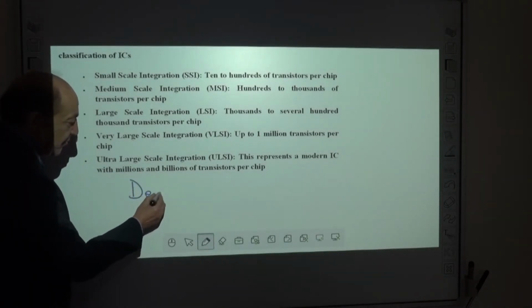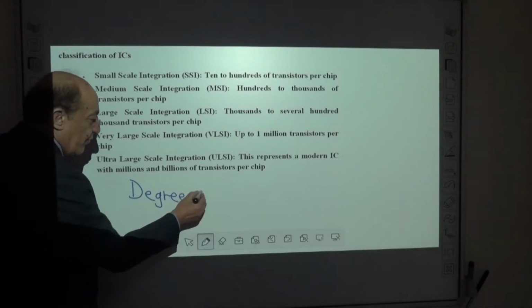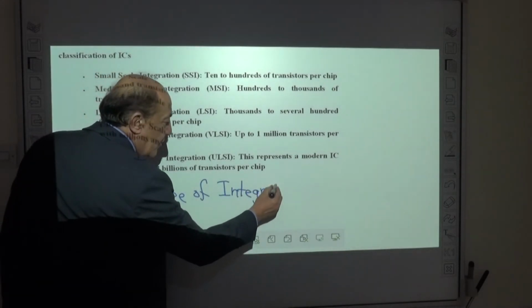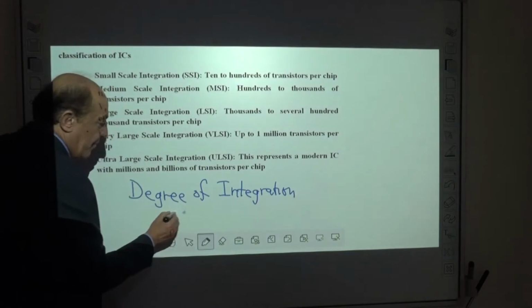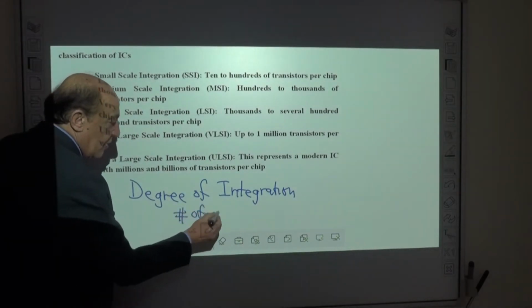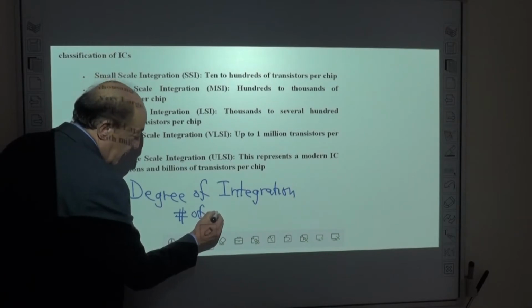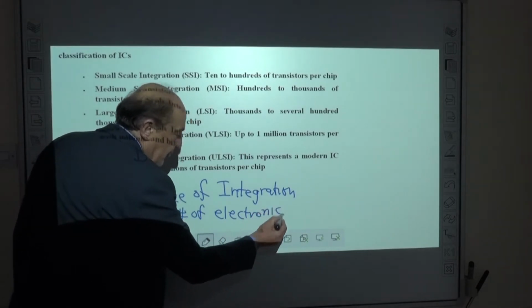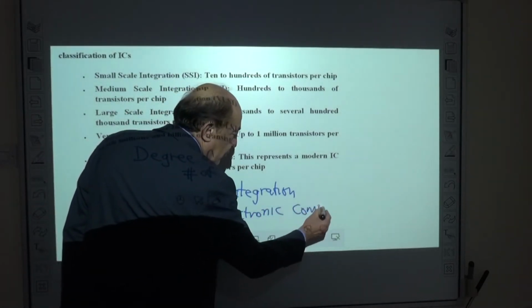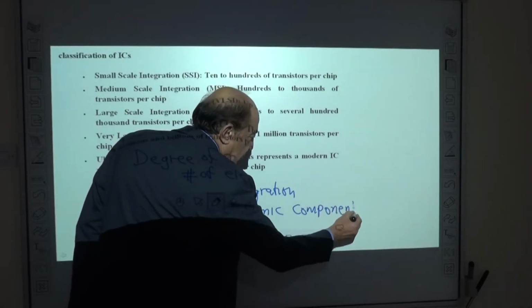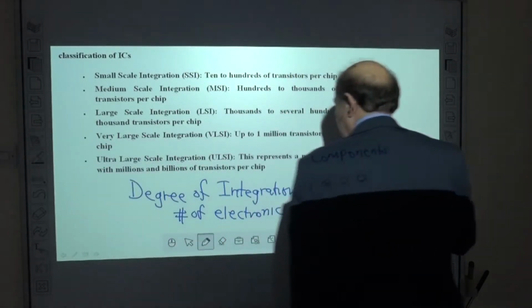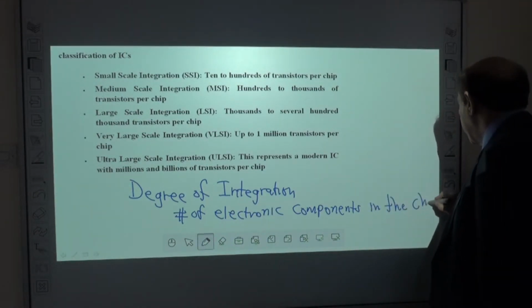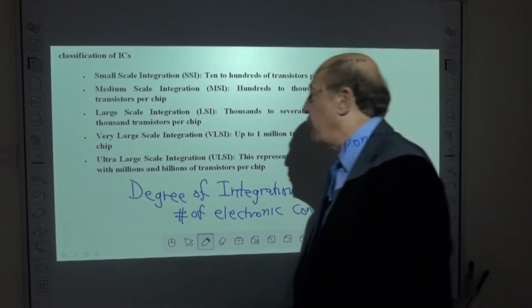Degree of integration is defined as the number of electronic components contained in the chip. This number is called degree of integration.